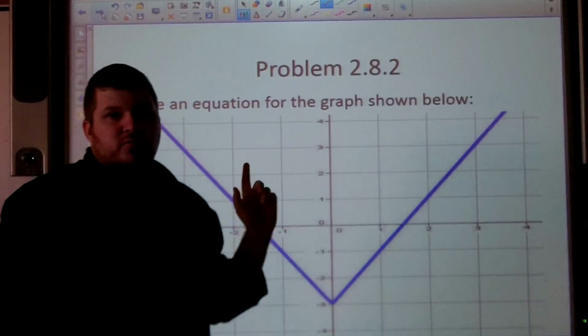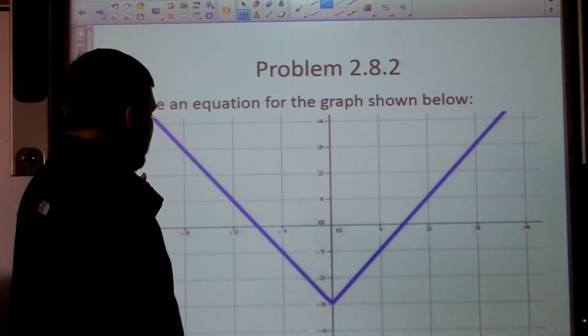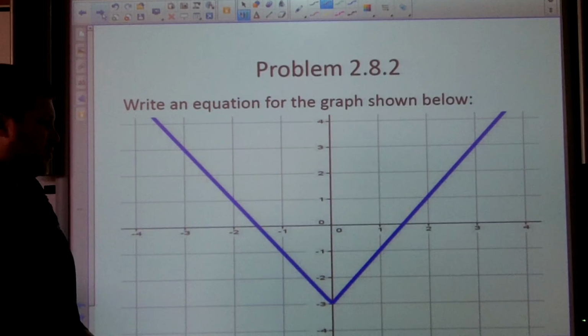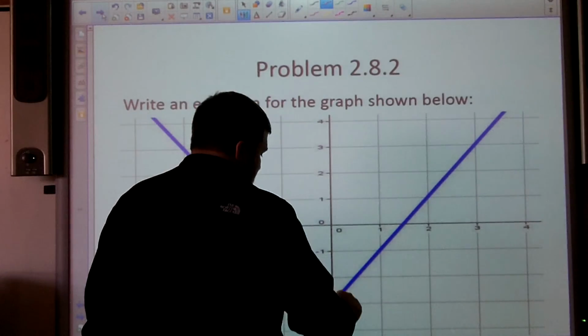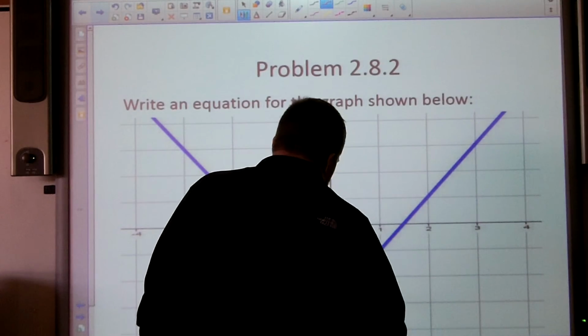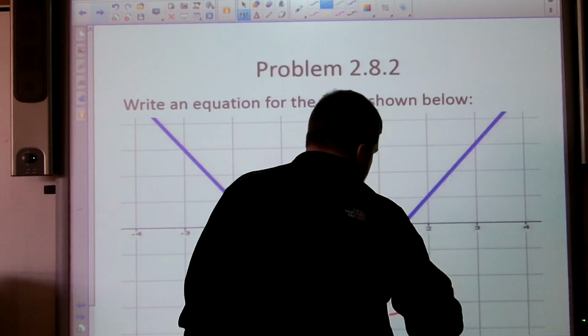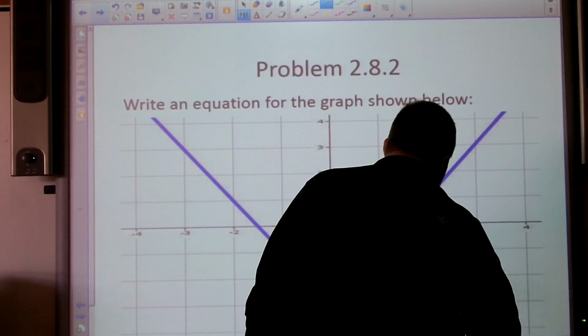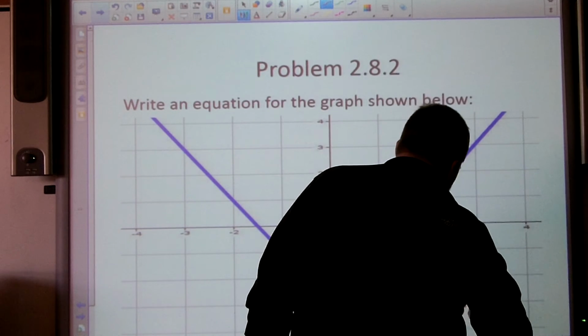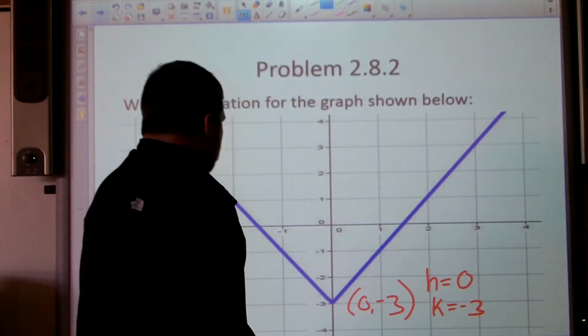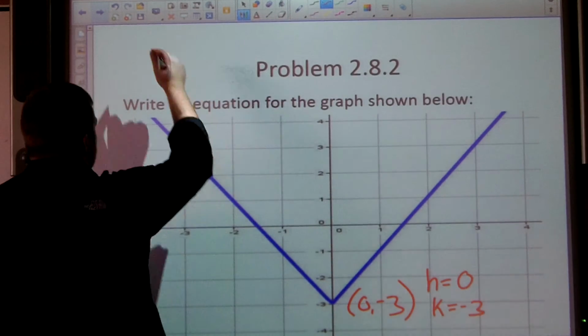Okay, write an equation for this absolute value function graph shown. Now here, first we want to start off with my vertex. My vertex right here is at 0, negative 3. So what it tells me is h is equal to 0 and k is equal to negative 3. Okay, so I'm going to plug it into my general equation.